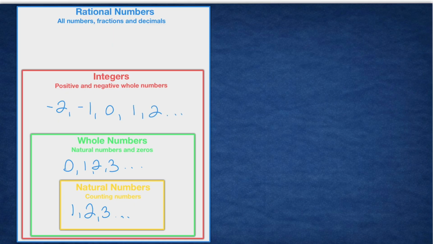And then our rational numbers, these are going to be all of our numbers, fractions and decimals. For example, 1.5 would be a rational number. -1/2 would go under this category. 1 1/3 would be a rational number. And -0.2. These all classify as rational numbers.